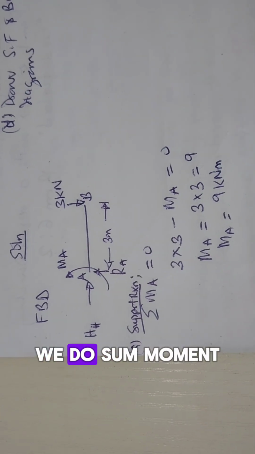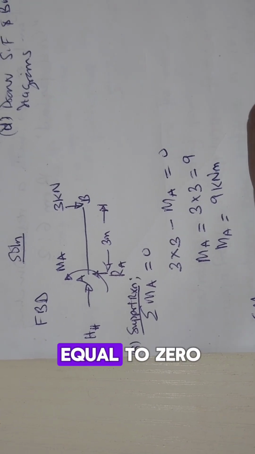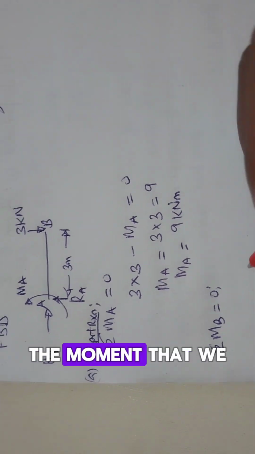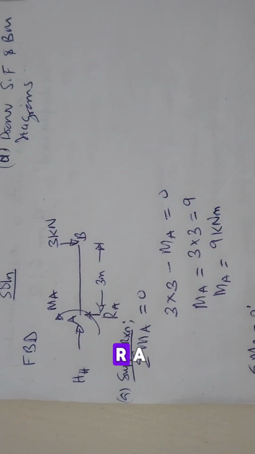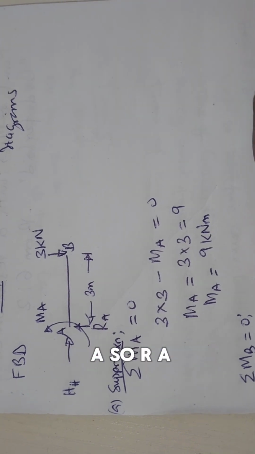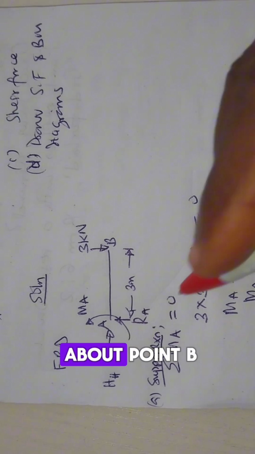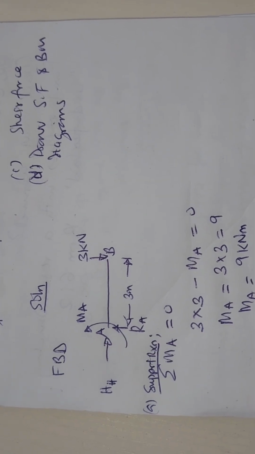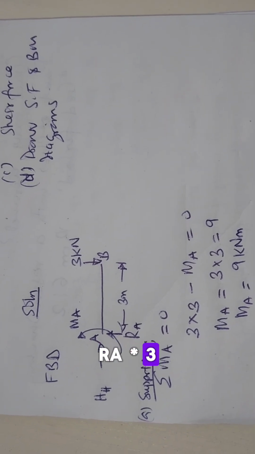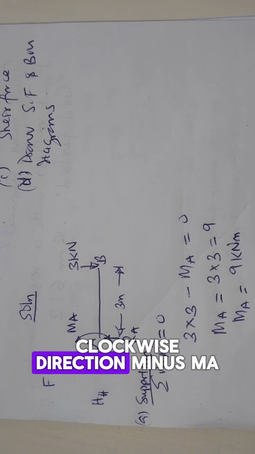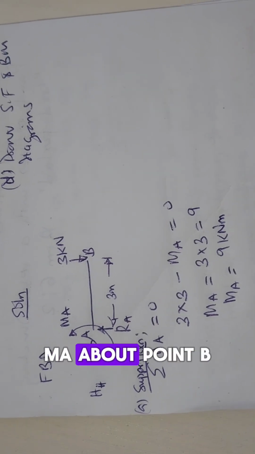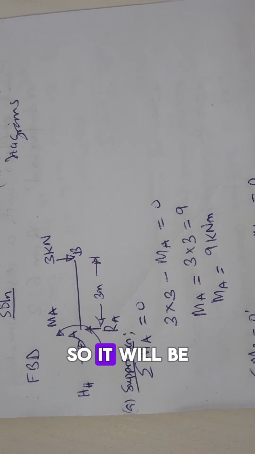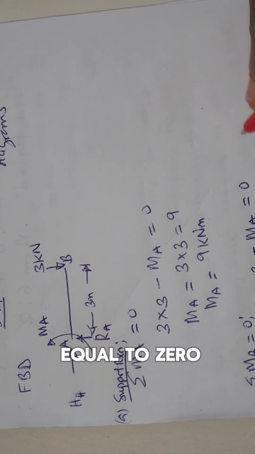So we will now do sum of moments about point B is equal to 0. At point B, the moments acting are from the reaction RA and the moment MA. So RA about point B, the moment will be RA times 3, which is moving in clockwise direction, minus MA. MA about point B is moving in anti-clockwise direction, so it will be minus MA is equal to 0.